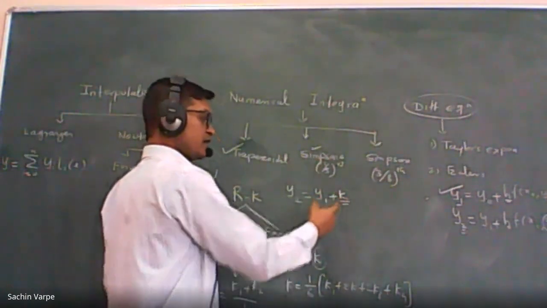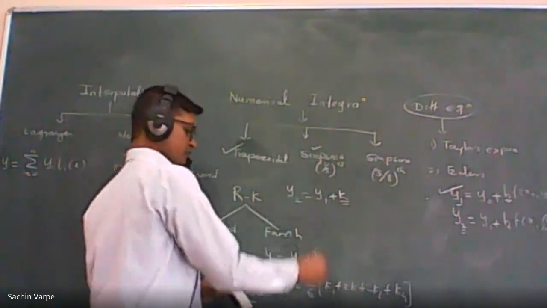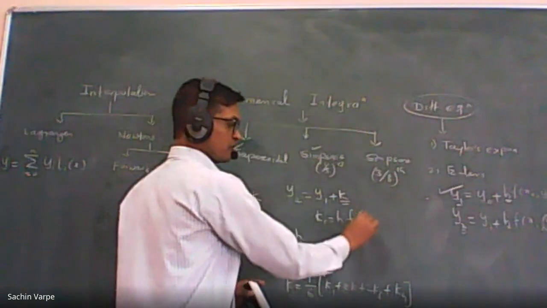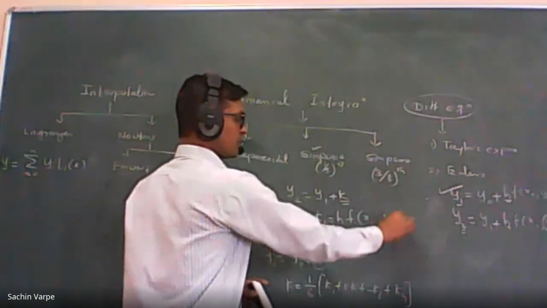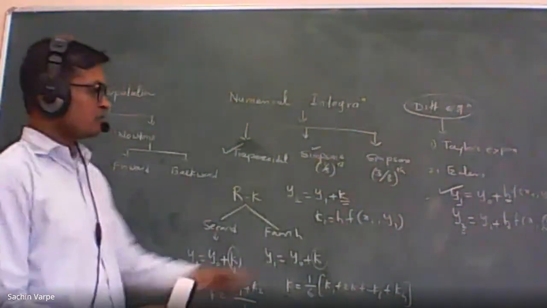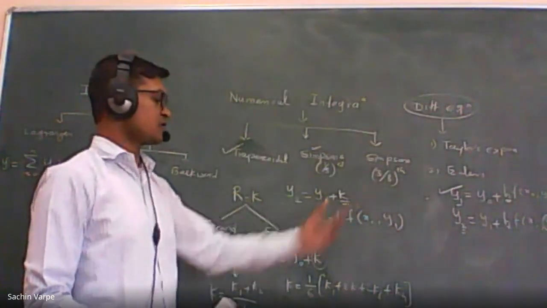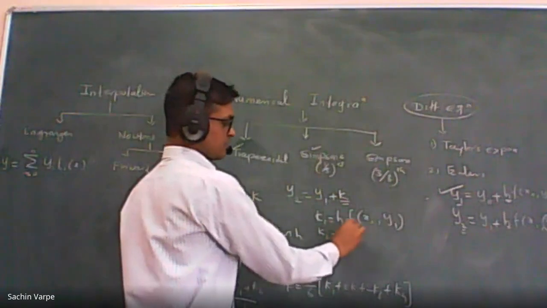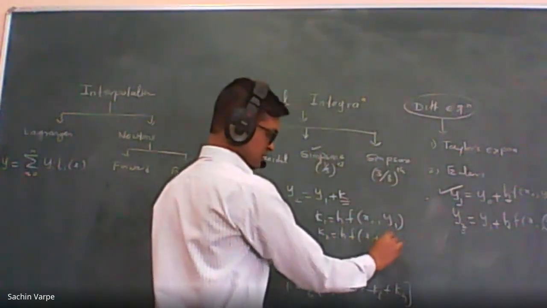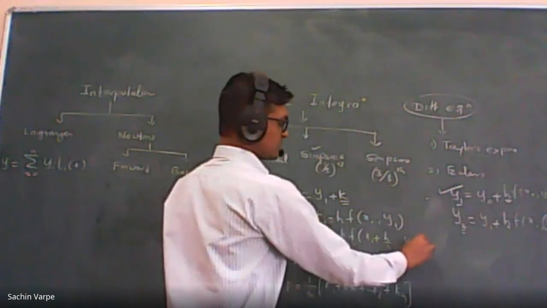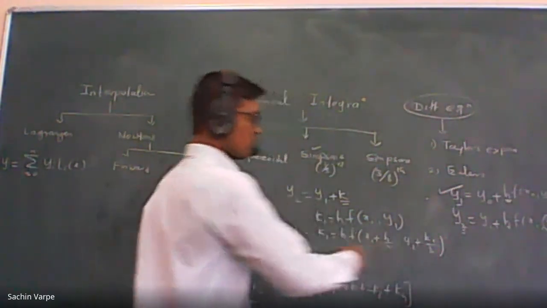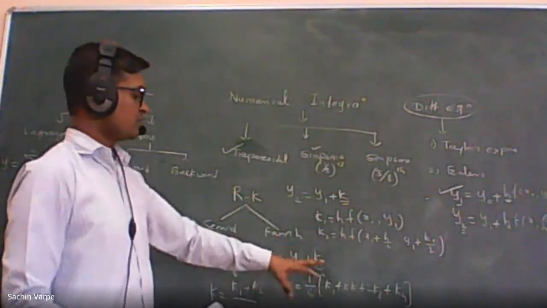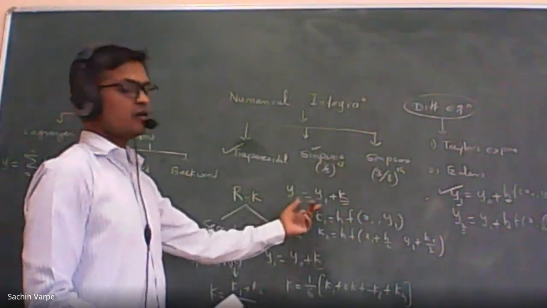Remember, we are finding all the k's again, because K1 will be h times f of x1, y1 now, since we now have y1 from the first step, we have fixed it, isn't it? And k2 will be h times f of x1 plus h by 2 and y1 plus k1 by 2, and so on. So we'll find all those k's and substitute into this to get the required ordinate.